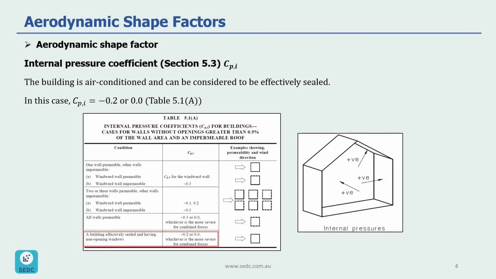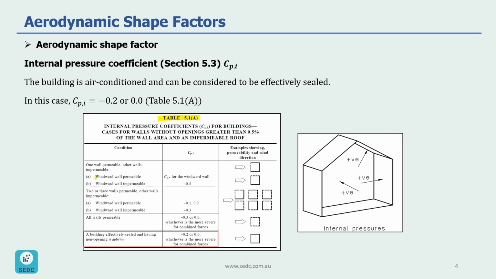Now we want to calculate CPI, or internal pressure coefficient. For this reason, we need to look at table 5.1a. So depending on the permeability and the wind direction, we might have different values for CPI. For example, if we have only one wall permeable and the others impermeable, there would be two situations.